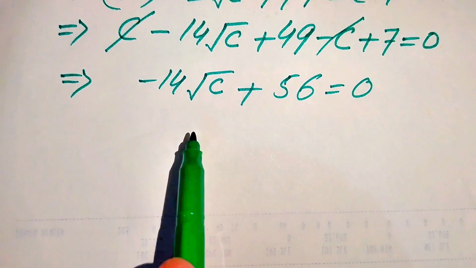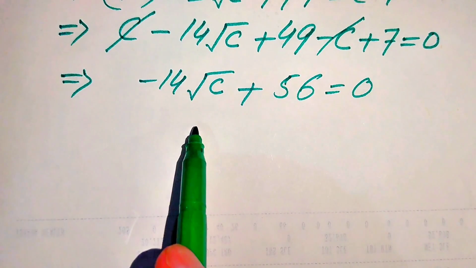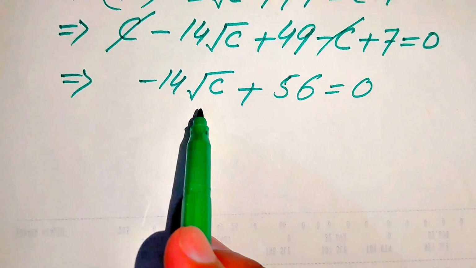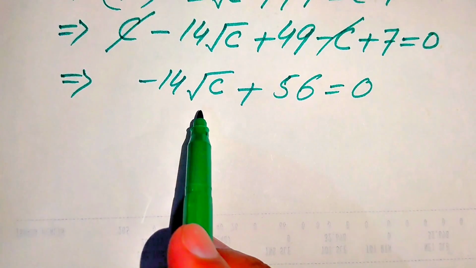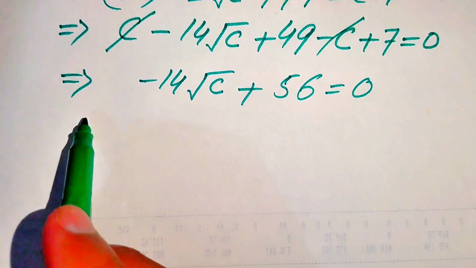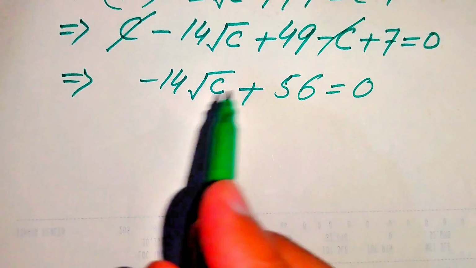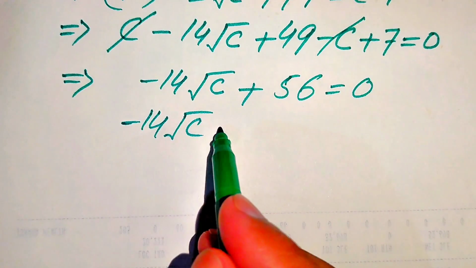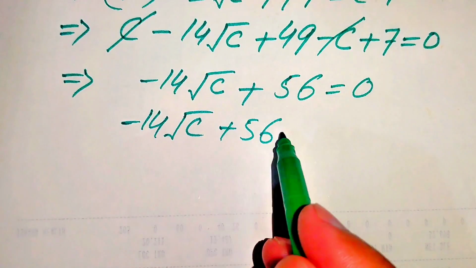So in the next step, because we solve this problem for the values of c, first we need to remove this radical sign, so that's why we move all of the other terms to the right hand side. In order to move this plus 56, we need to subtract both of the sides by 56.